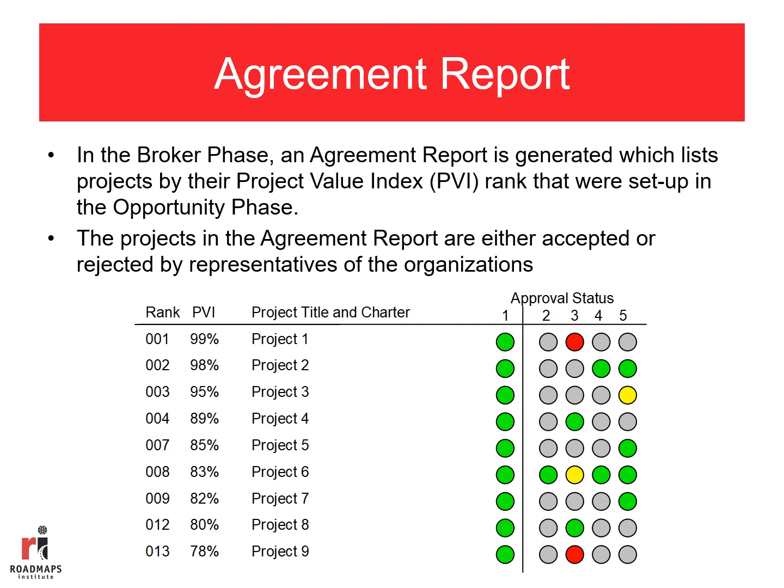Looking at that first project, Project 1, we can see that Organization 2 has not given any kind of statement as to whether they want to be involved or not. Perhaps they were never asked to begin with also. Organization 3, though, has given it a red light, meaning essentially that it will not participate in Project 1, at least with Organization 1. 4 and 5 also have not put in any information to indicate whether they might work on this particular project.